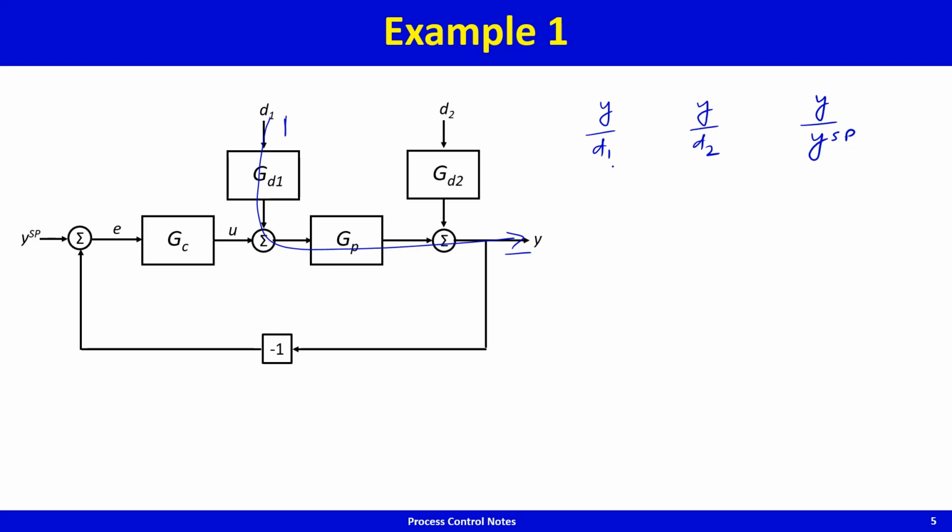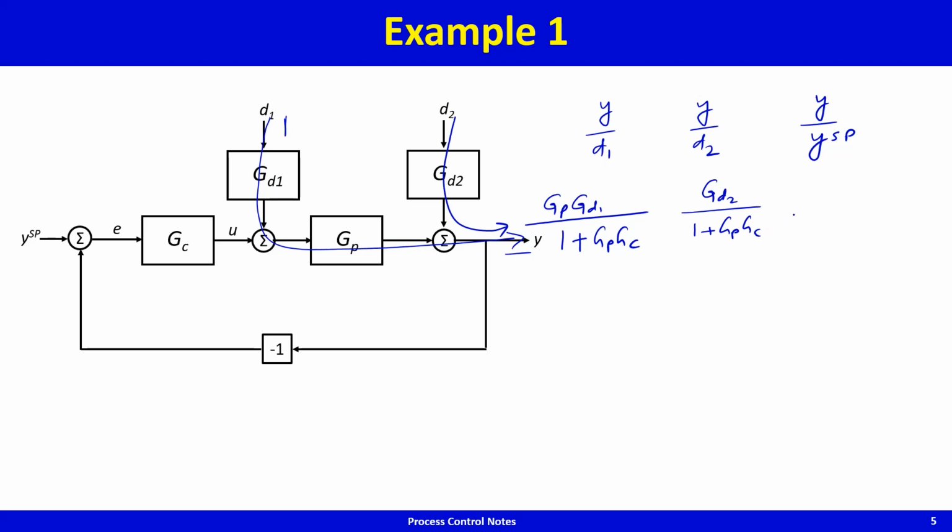So y by d1 is going to be GD1 times GP divided by 1, because you got negative feedback, so it will be 1 plus GCGP or GPGC. What about this chap? Y to D2, it's going to be GD2 from here to here, and then whatever is in the feedback path, 1 plus GPGC.